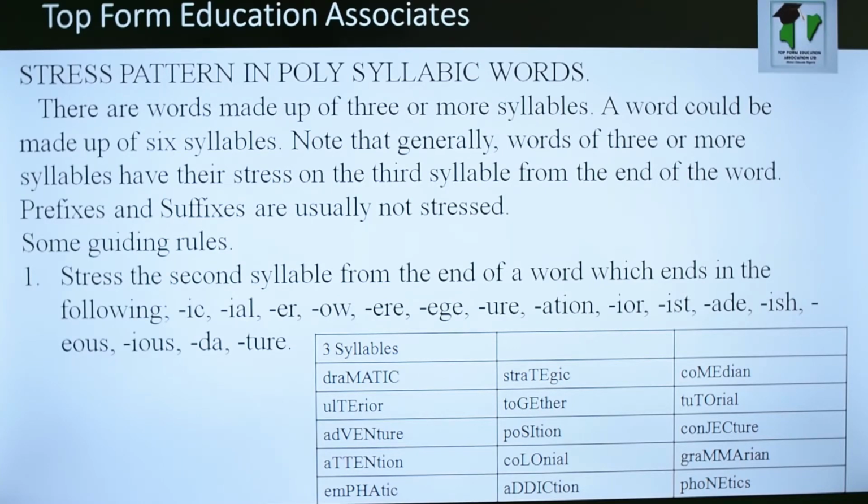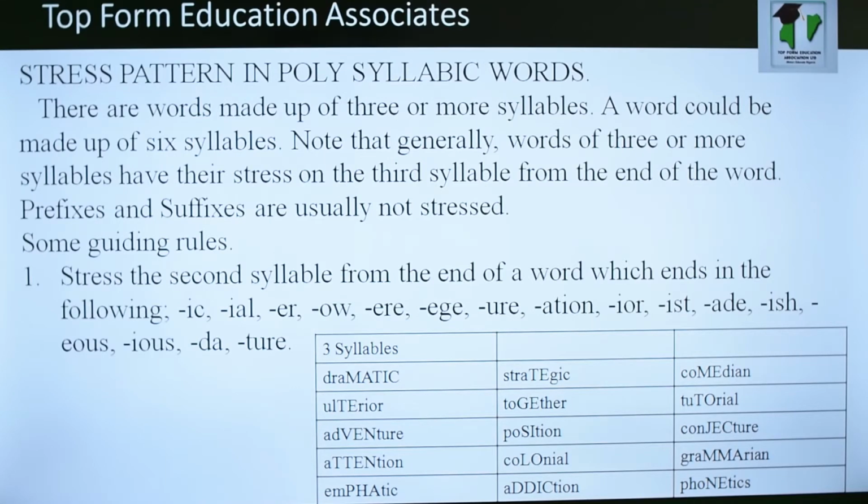It's just like in a name, the name Mary. Mary is a noun, and the stress should be on the first syllable. But because at times people pronounce the name as Mary, have you seen it? The stress now falls on the second.